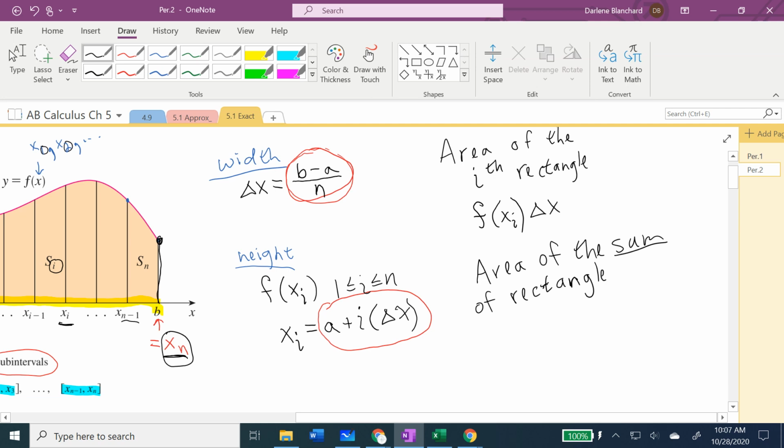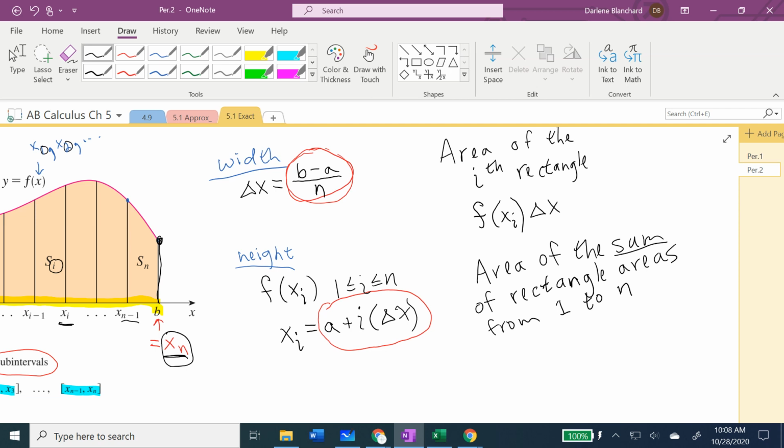So the area of the sum of the rectangle areas from rectangle number 1 to rectangle number n.